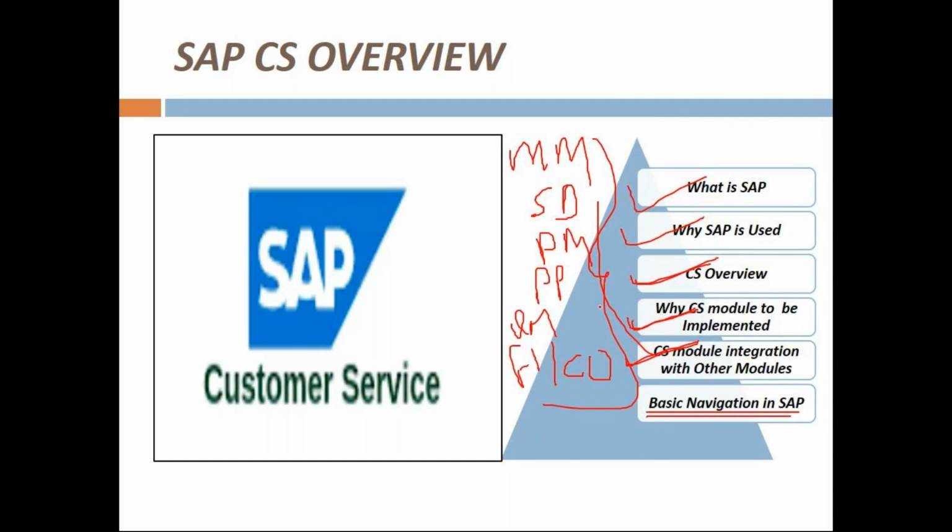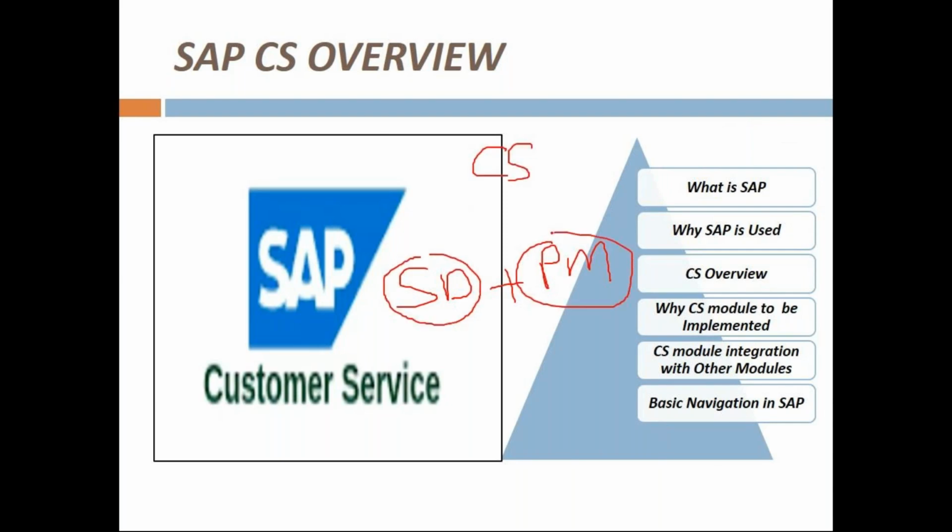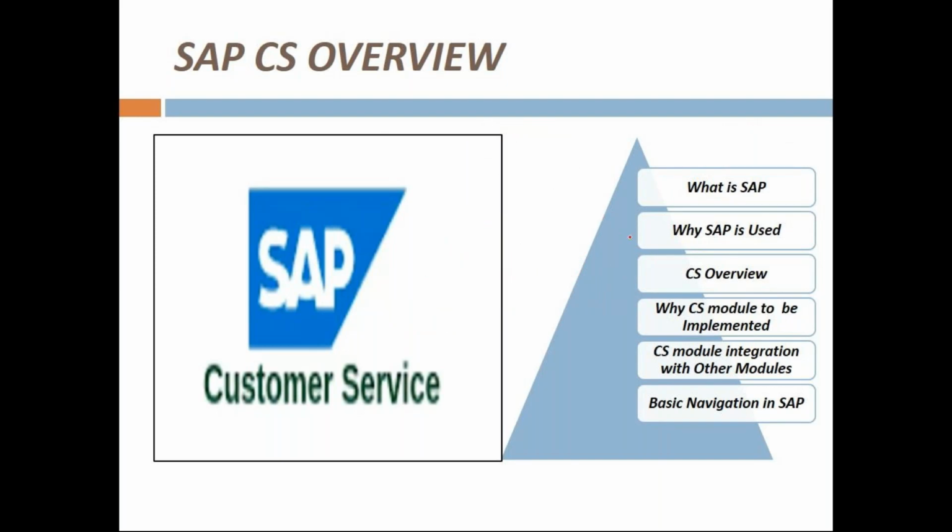But the CS module is largely integrated with SD and PM modules, plant maintenance. That is the major integration. So if you know the SD module or the PM module, it is very easy to understand the CS module. So this is a high level introduction.